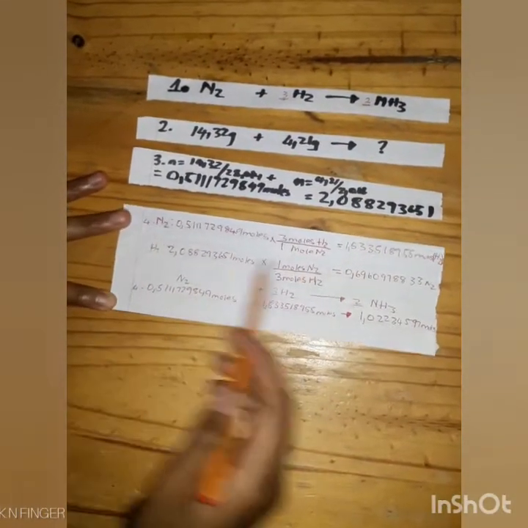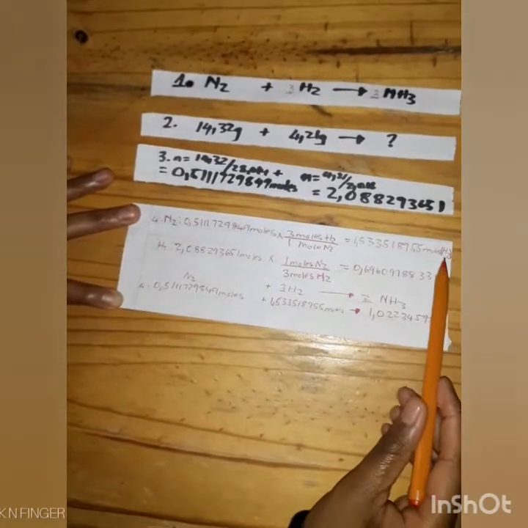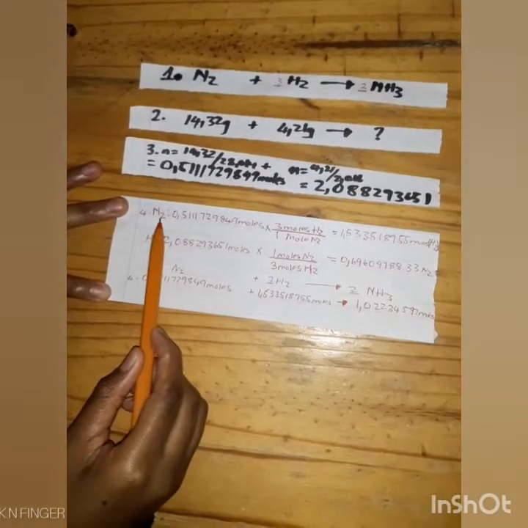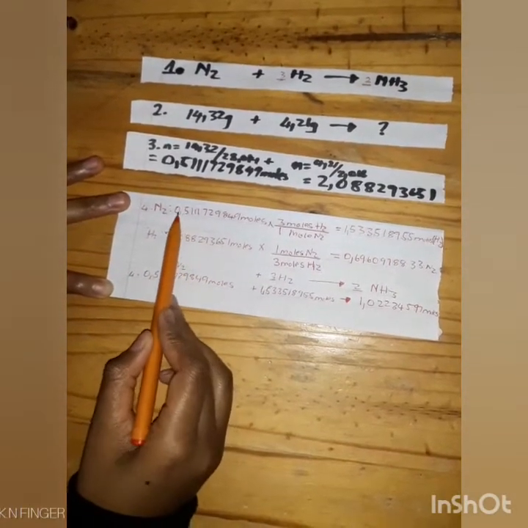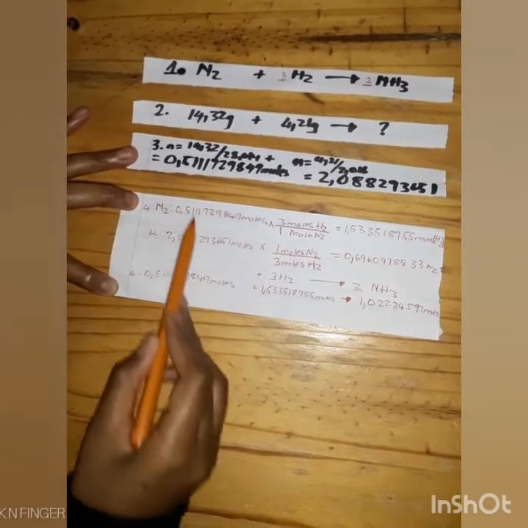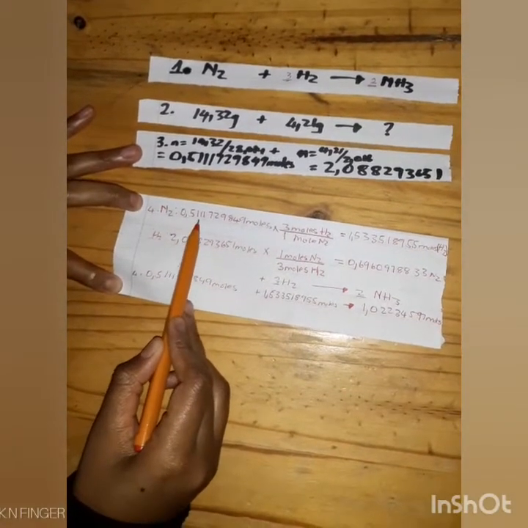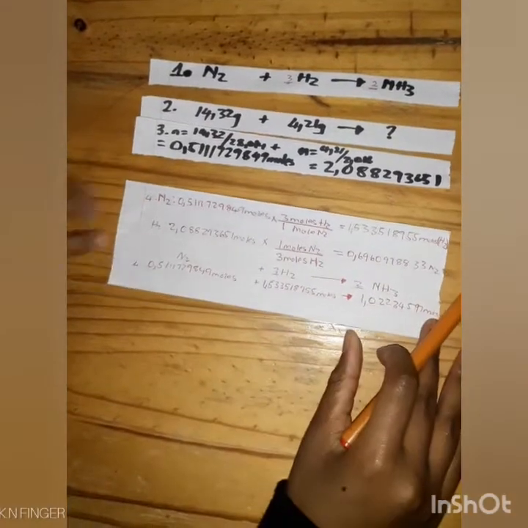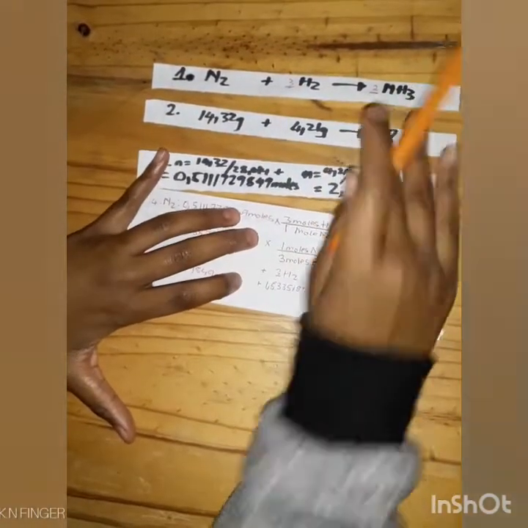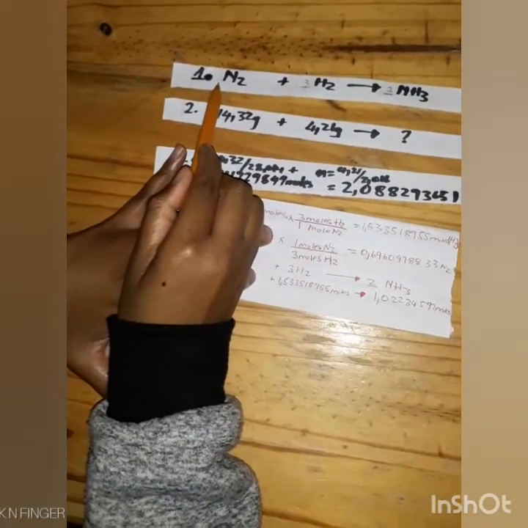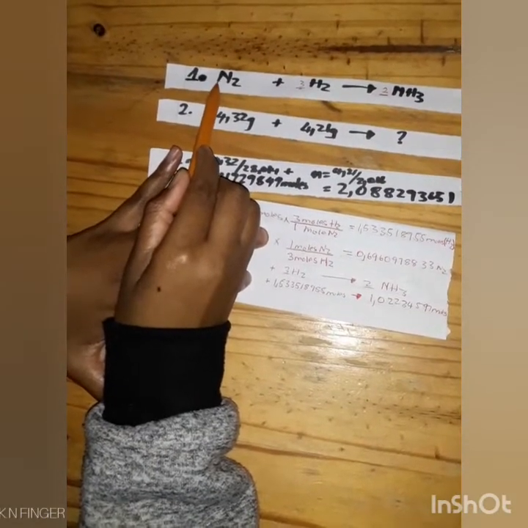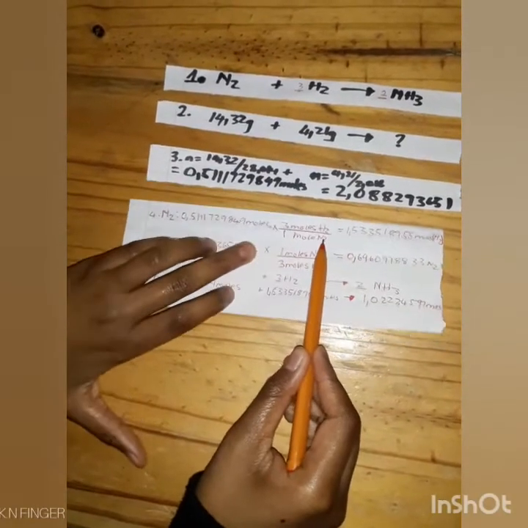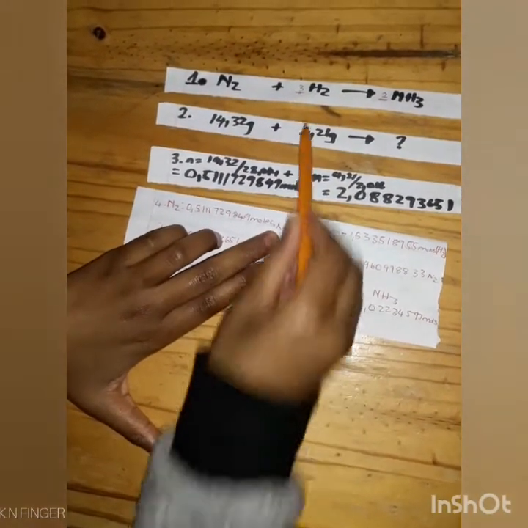That's for the first one, we check how many moles of hydrogen do we need to use all the moles of nitrogen. Okay, so we know that from step 3 that nitrogen has 0.511729849 moles, and then we can see from our first step that the moles of nitrogen in the reaction was 1 mole, okay, and those of hydrogen were 3 moles.